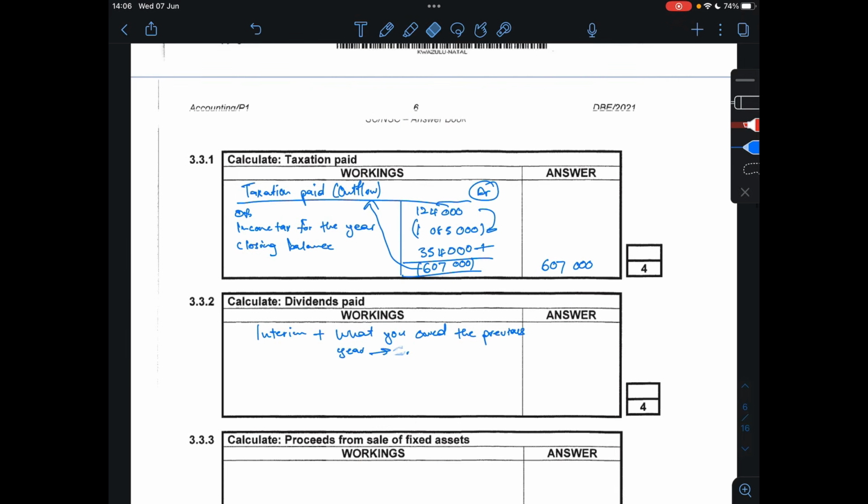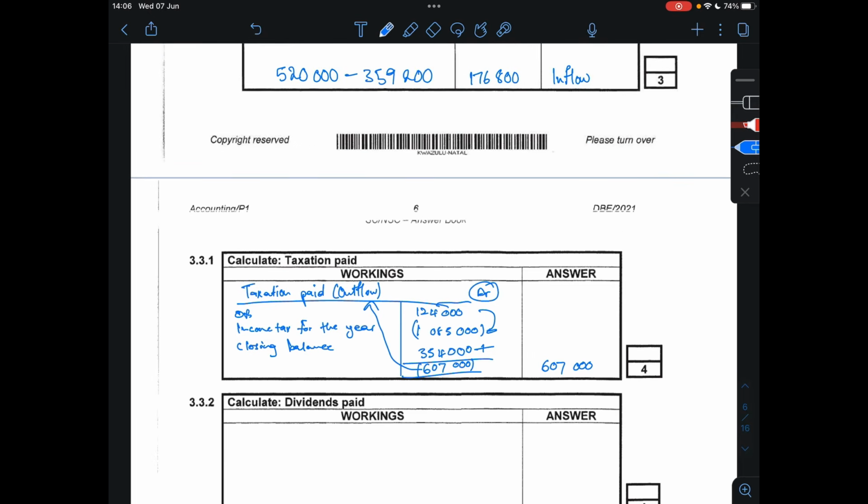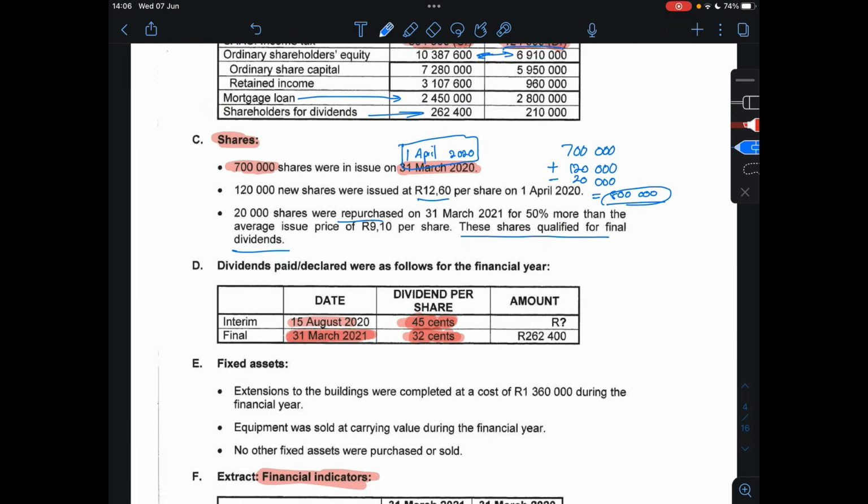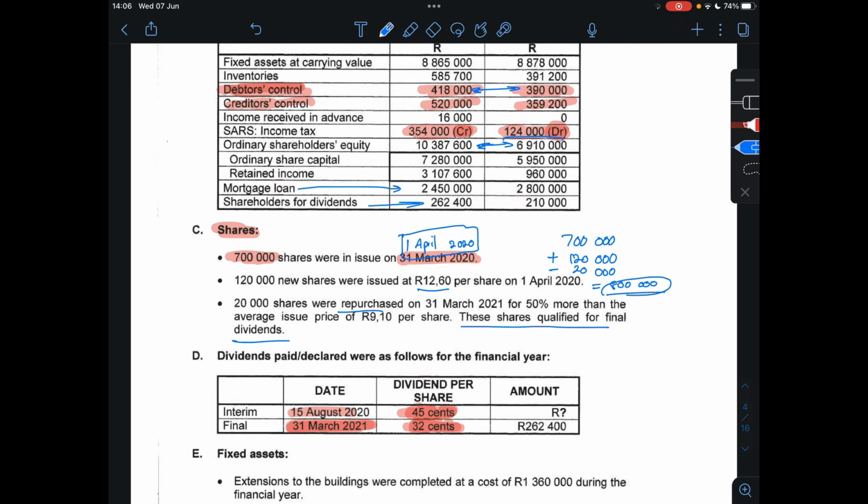Okay, so because what you have declared this year, you haven't really paid, you only declared. So you are supposed to pay what you were owing last year and your current interim dividend.